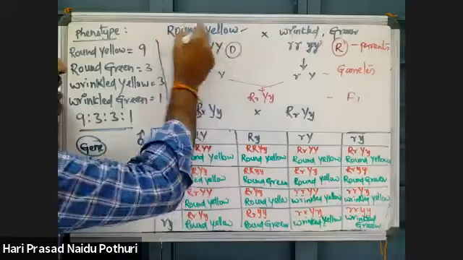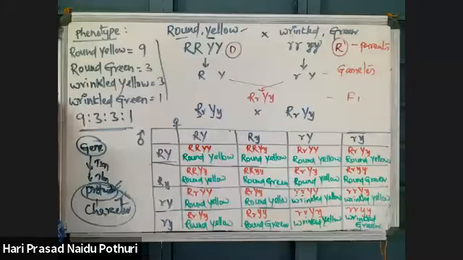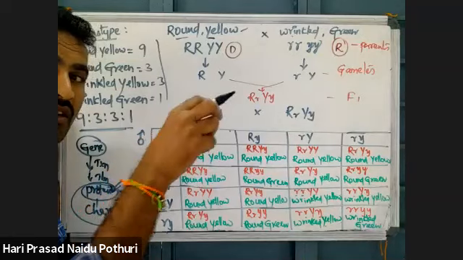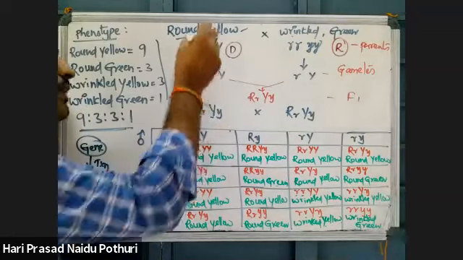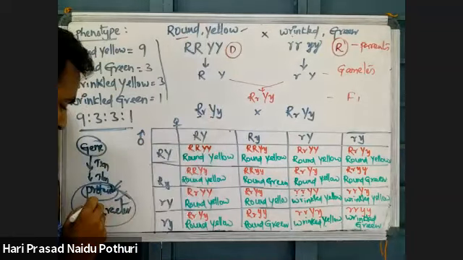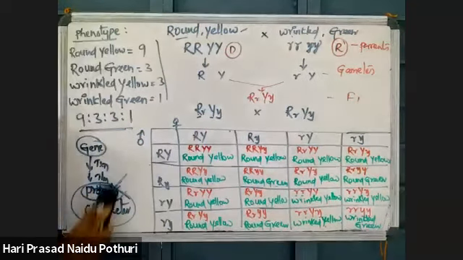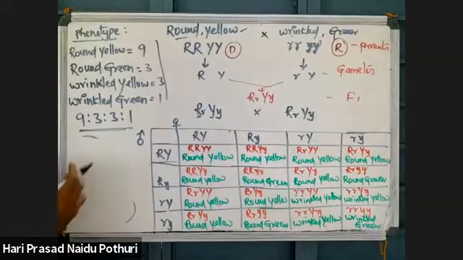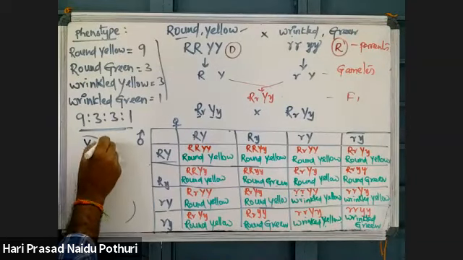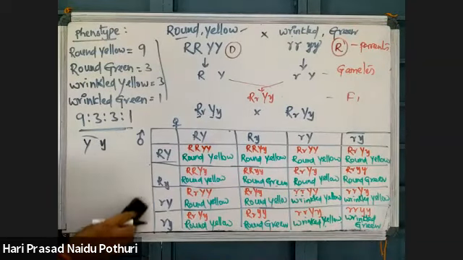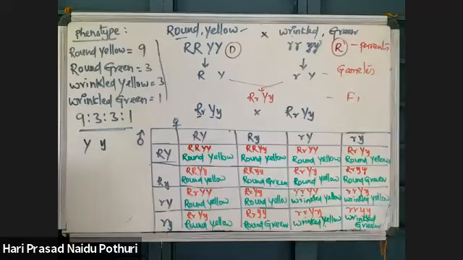Suppose yellow color is due to production of a pigment. That pigment is produced by a protein or enzyme. Now the yellow color gene is there, with two alleles. How can we say two alleles?